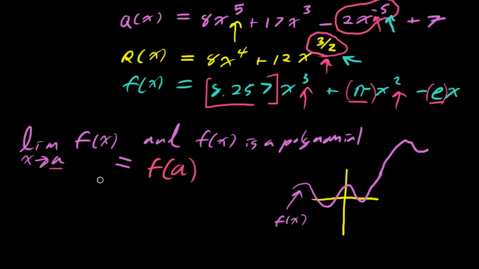Let's just do a real quick example. Let's say we were looking at the limit as x approaches -1 of the function x cubed plus 7x squared minus 3x plus 5.